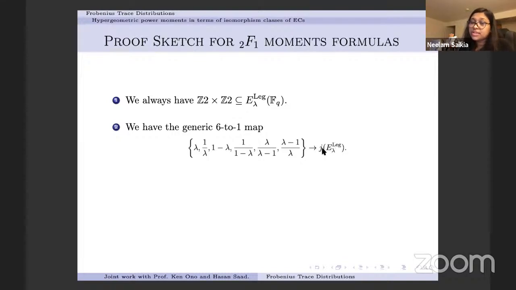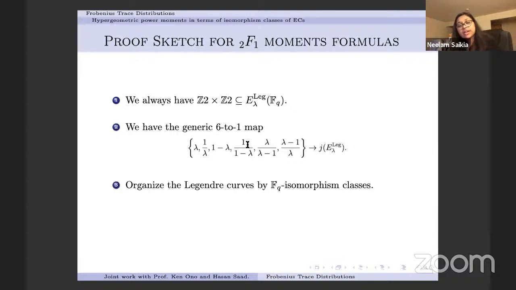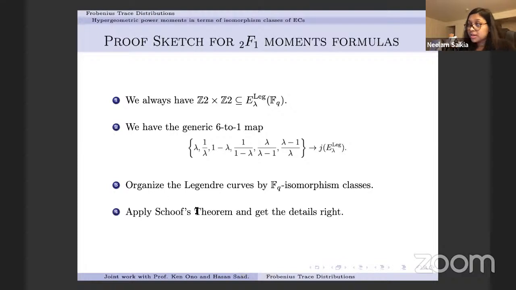Since they map to the same j-invariant, the Legendre normal forms of elliptic curves where these lambdas come from this set are either isomorphic to each other or they are at least quadratic twists of each other. So we use these two facts, and using them, we organize all the Legendre forms of elliptic curves by their F_q isomorphism classes. And once we have the classes, we apply Schoof's theorem, and after some detailed calculation, we get our 2F1 moments.